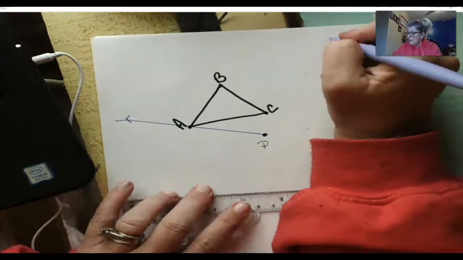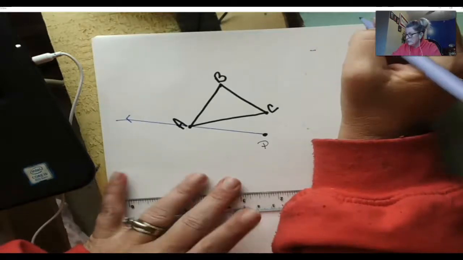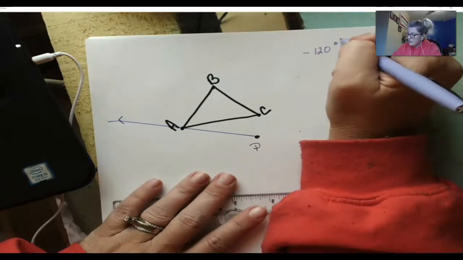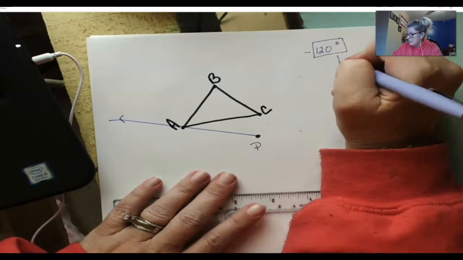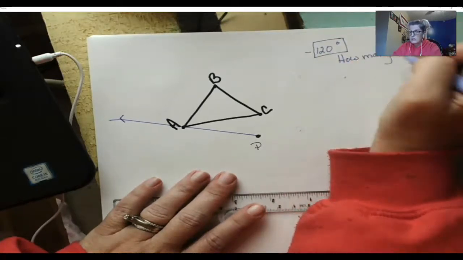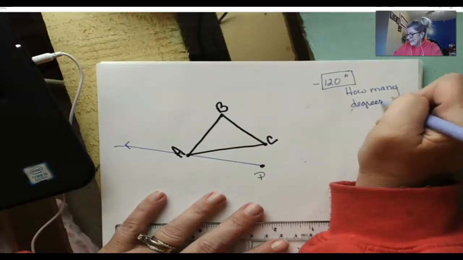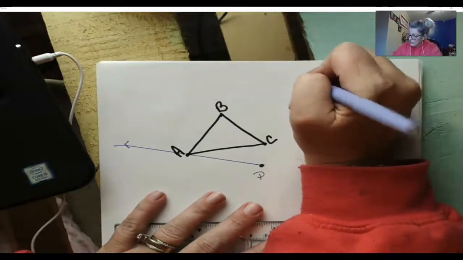Okay, so let's do a negative 120 degrees. The 120 is telling us how many degrees, and this negative is telling us our direction.